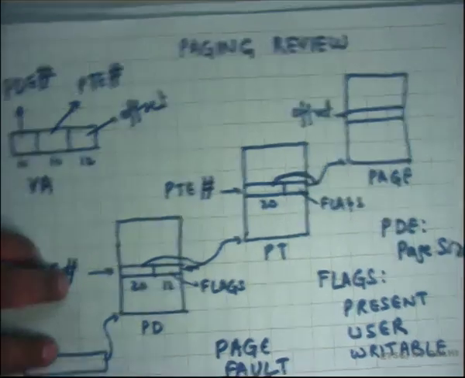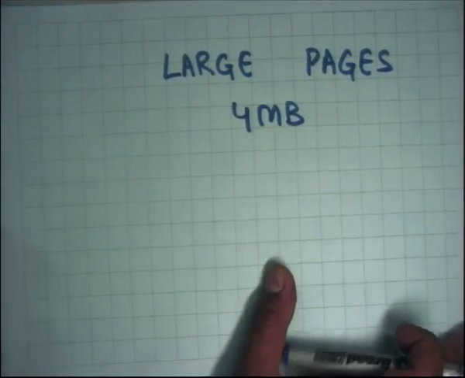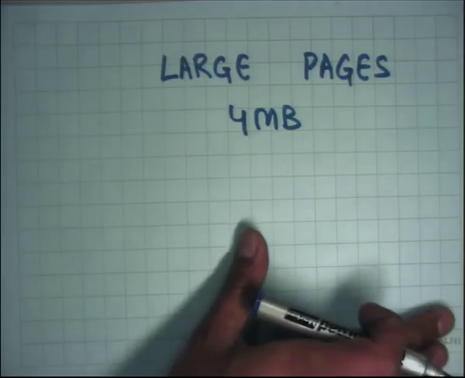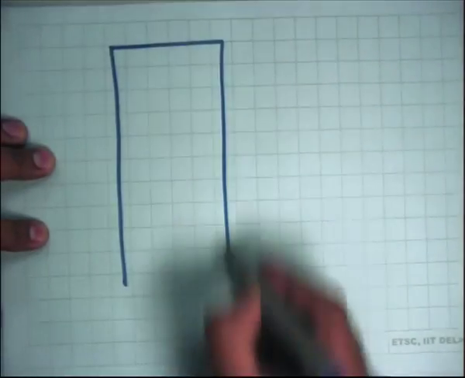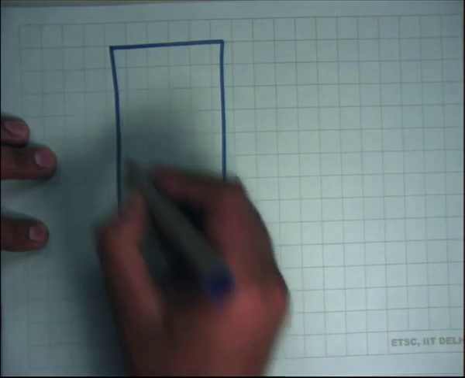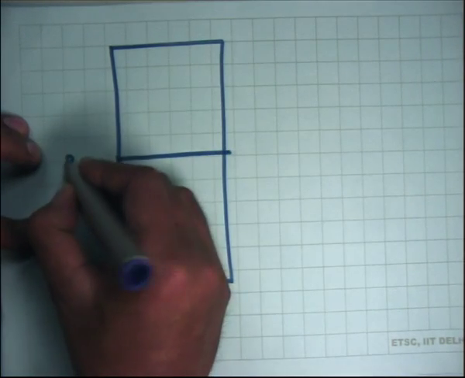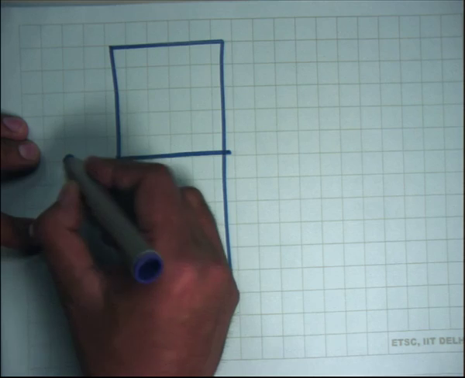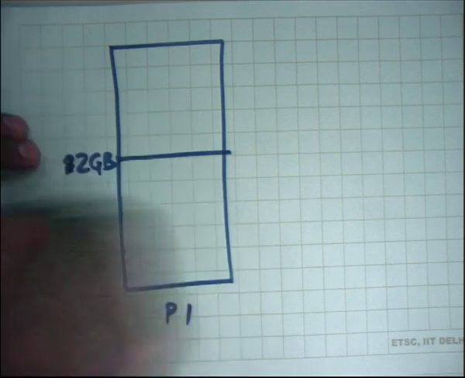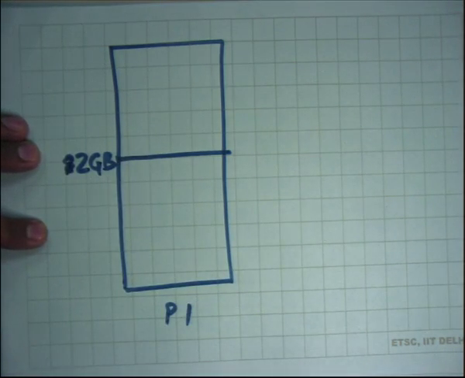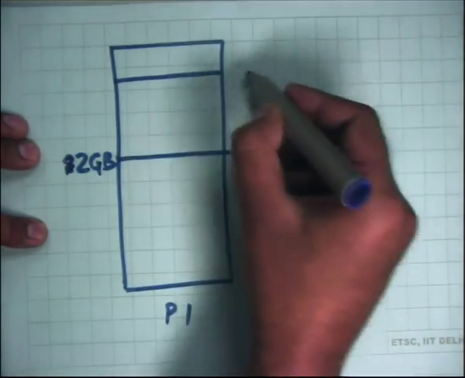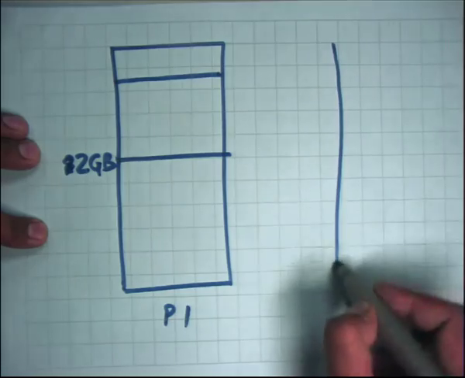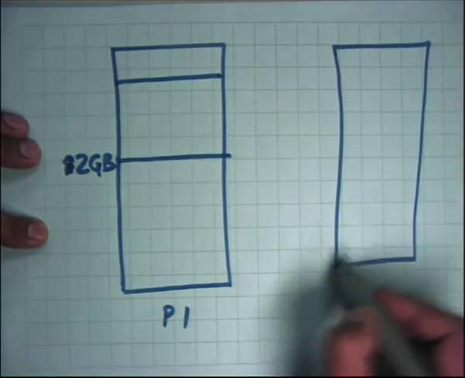One big place where large pages are really useful is to map the kernel itself, right? So we said that every process, let's say this is P1, maps the kernel starting at 2 GB, let's say, right? And we said this mapping of the kernel is basically a one-to-one mapping to the physical address space.